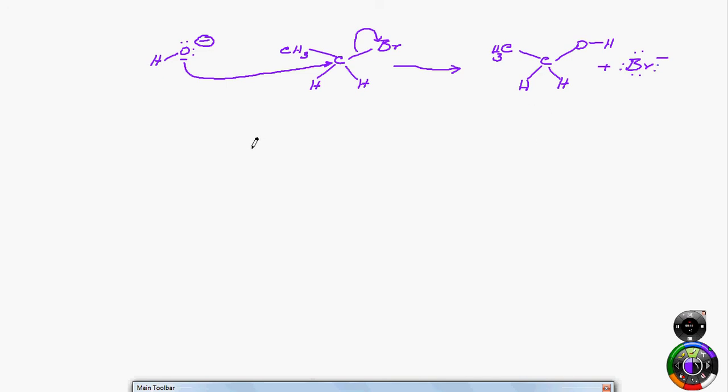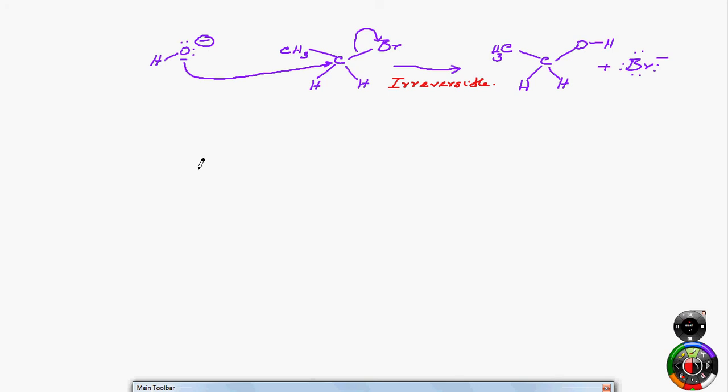Since this is irreversible, it is not going to come into equilibrium, which means we cannot measure the equilibrium constant for the reaction. As you remember, basicity we measured by measuring the equilibrium constant.